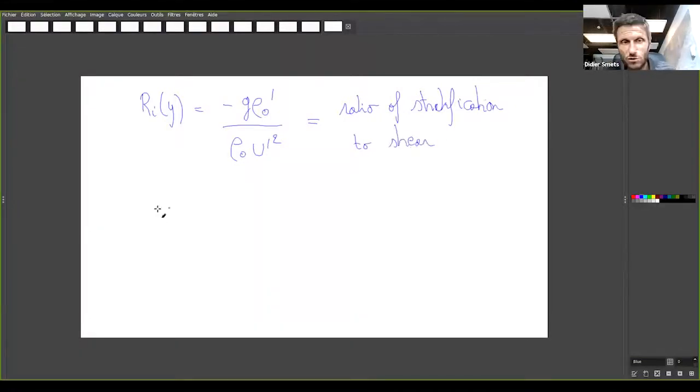And so what the Kelvin-Helmholtz instability result says is that, from the previous slides, if the Richardson number, as it's called in physics, is larger than 1/4, then no instability.